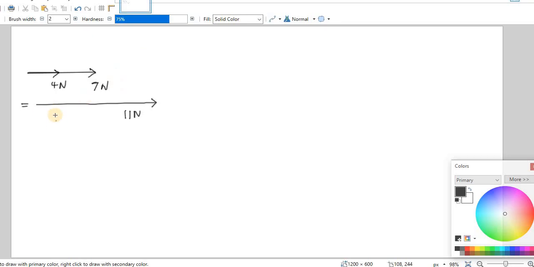Now if these two forces are in opposite directions, let's say I draw the 7 Newton force like that, and the 4 Newton force now is this way.